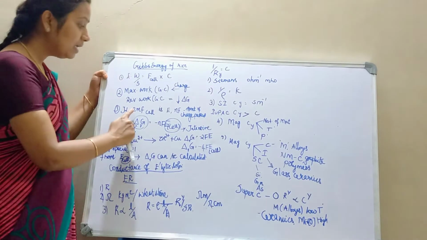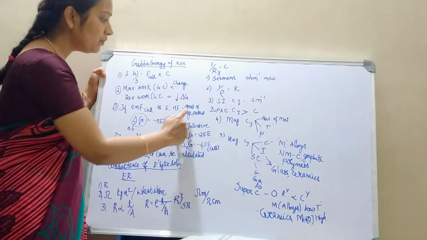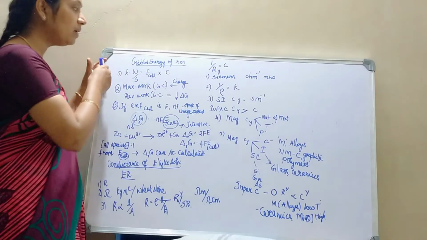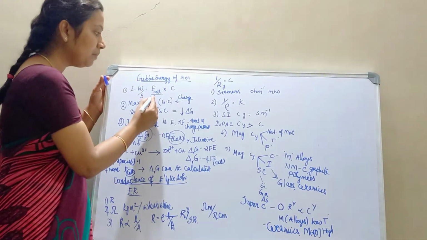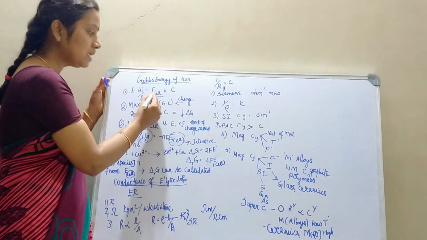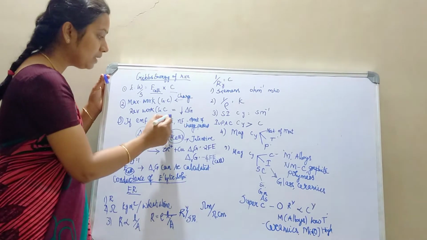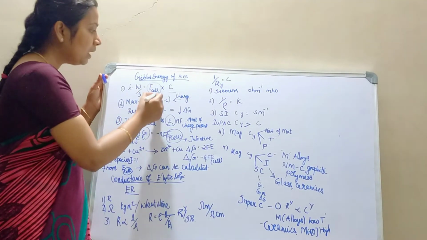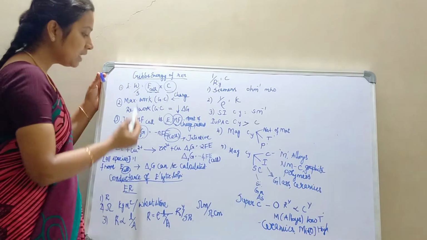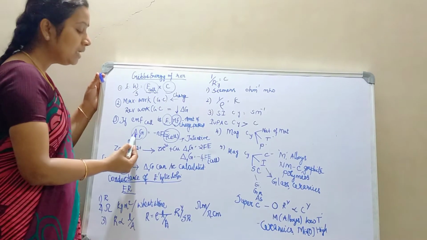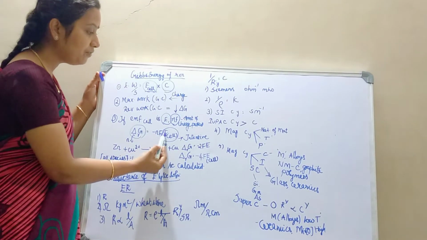If the EMF of a cell is E, the amount of charge passed is nF, because I have already told you what electrical work is: cell potential into charge. The cell potential is indicated by the term E, and the charge is indicated by the term nF. So what is the Gibbs free energy of a reaction? It is nothing but minus nFE.